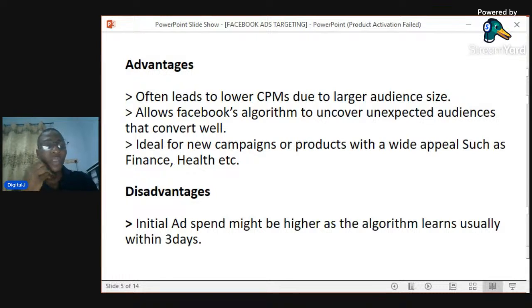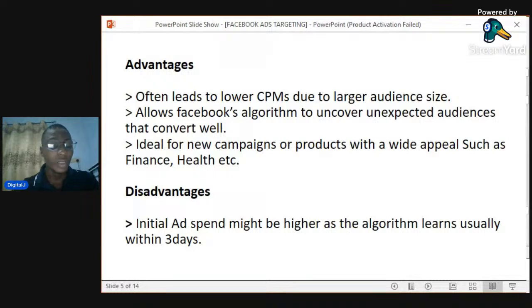Since Facebook is the one doing the work, within the first 3 days of launching the ad, which is called the learning phase, Facebook will struggle to find the people that will be interested in your products or services.